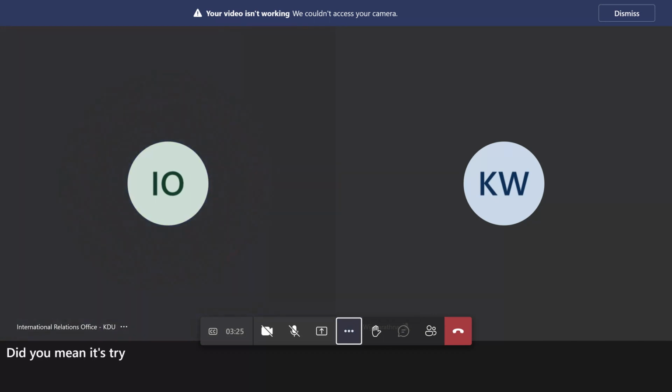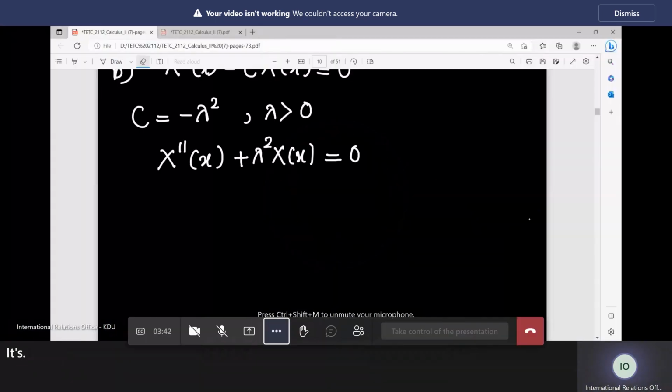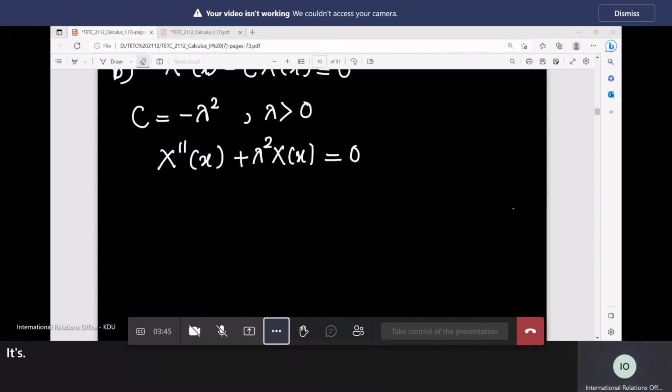Let's try our best to do. I'm not sure it's good. So we can read like this.